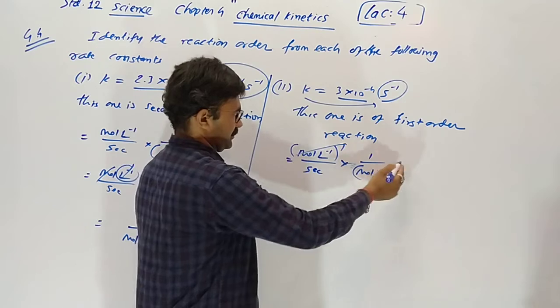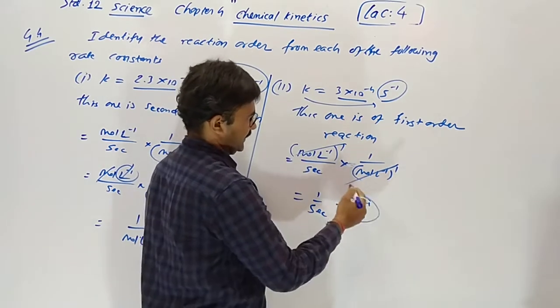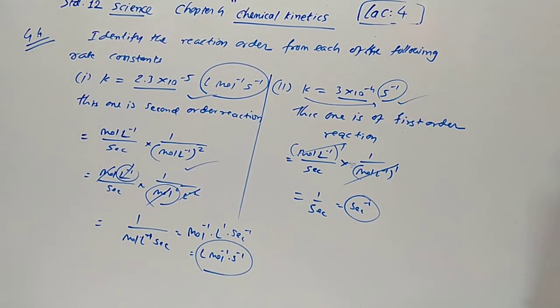Here, raised to 1 cuts, only 1 upon second remains. So second inverse is our unit. Understood? With the help of the unit, we can say the order of the reaction.